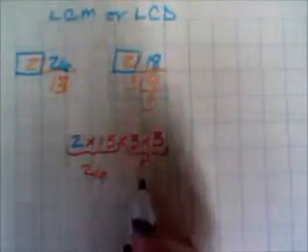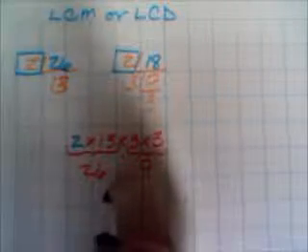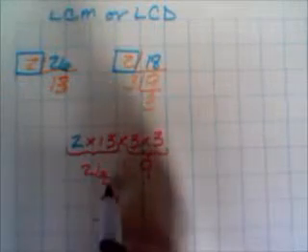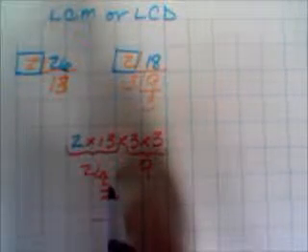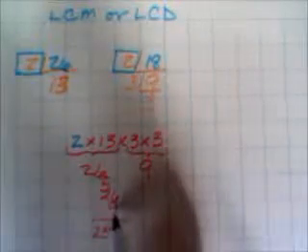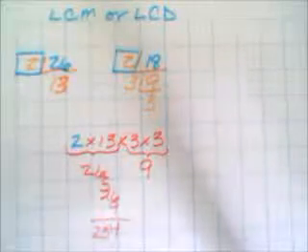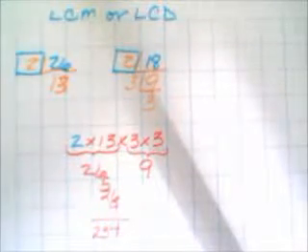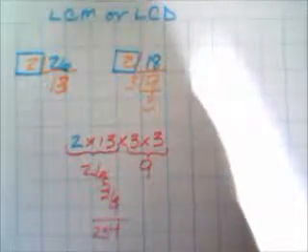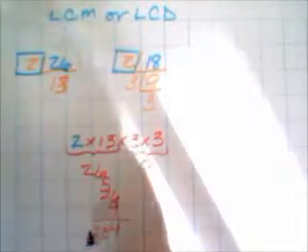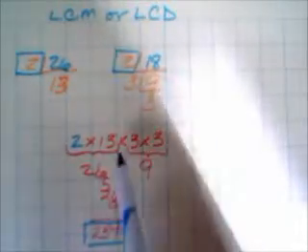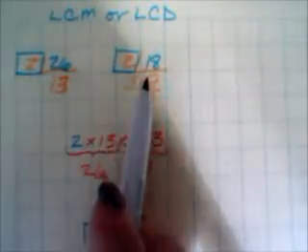And then if I multiply these two numbers together, 26 times 9 is 234. Yeah, that's right. So 234 is our least common multiple of 26 and 18.